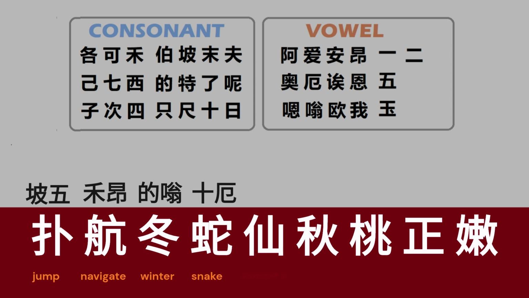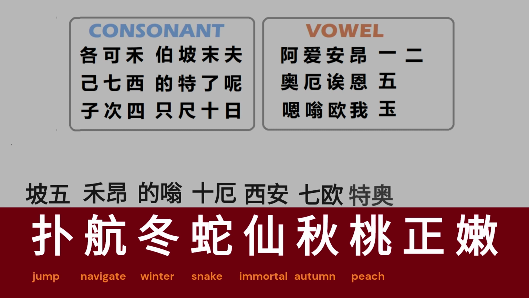We know this word. Xian, immortal, is xi an. Qiu, autumn, is qi o. Tao, peach, is te ao. Zhen, just, is zhi en. Last is len. Tender is ne and en.